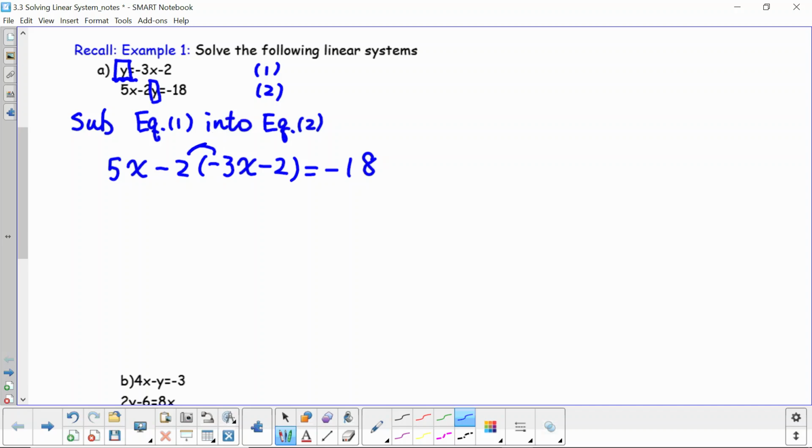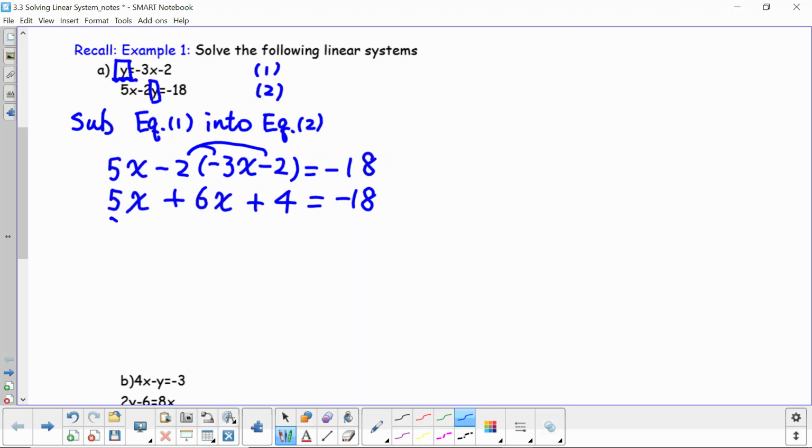The reason is that inside the bracket, we cannot collect the like terms. Get rid of the bracket, then we can collect the like terms. So we have 5x, then minus 2 times negative 3x gives positive 6x, and negative 2 times negative 2 gives positive 4, equals negative 18.